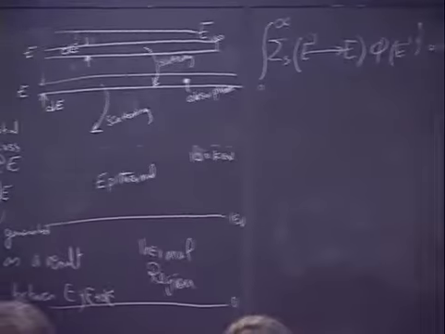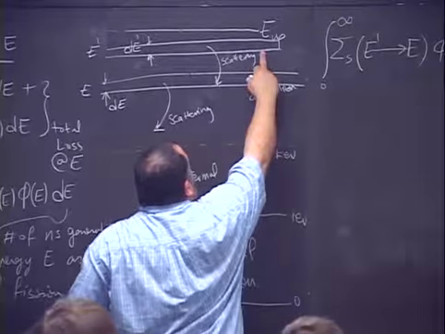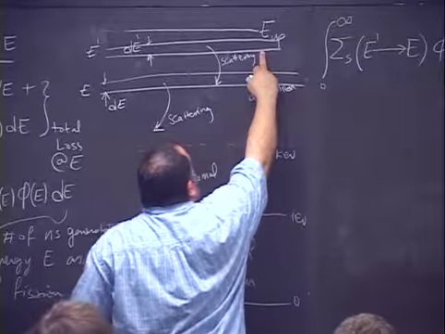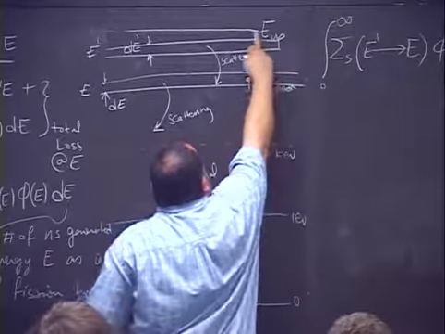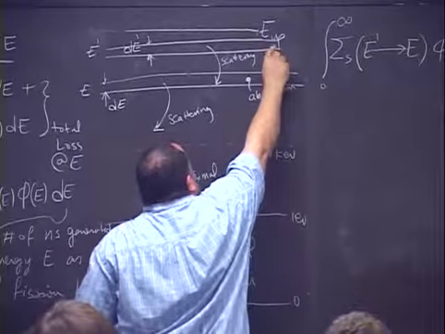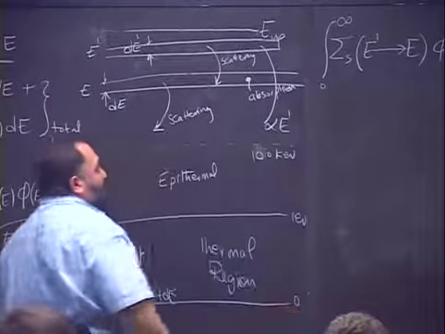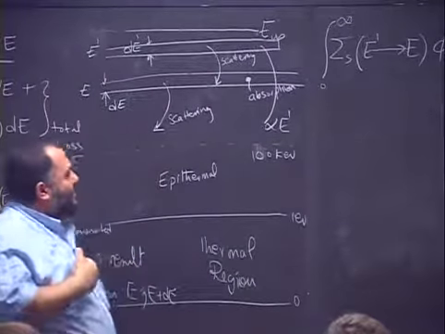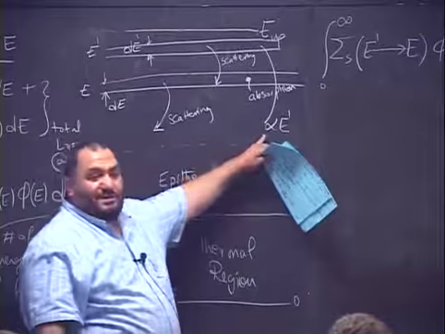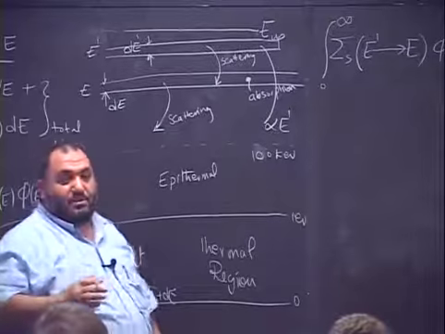You have to integrate from, let's assume that this is what? E up. Yes? What's the minimum energy that this can go to? Alpha E prime. So in principle, I have to integrate from what? Alpha E prime up to the energy E up.